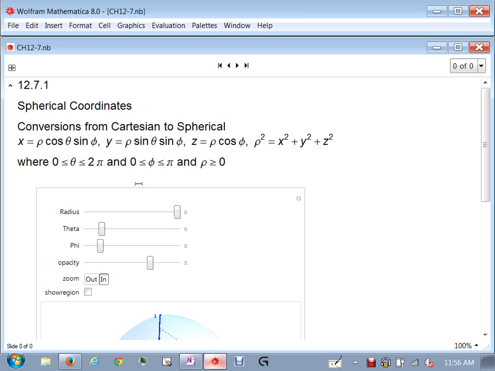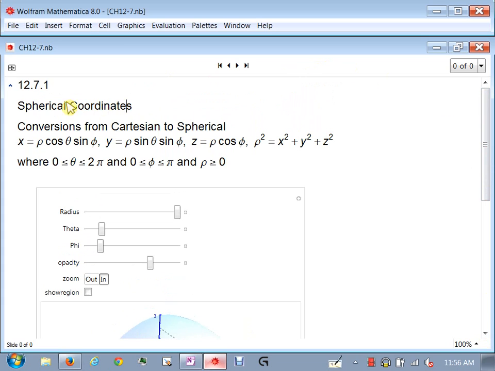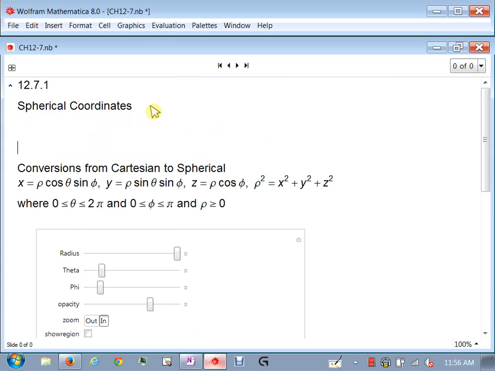Not in spherical. The spherical conversions are pretty messy. X does not become r cosine theta with spherical. X becomes rho cosine theta sine phi.